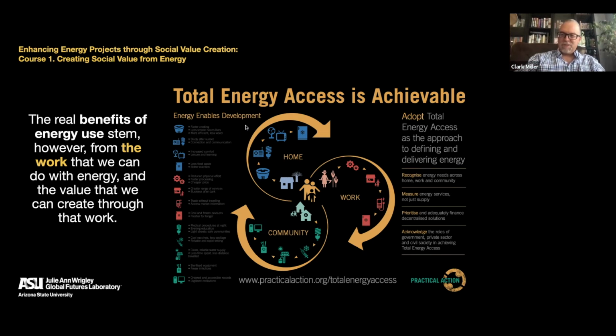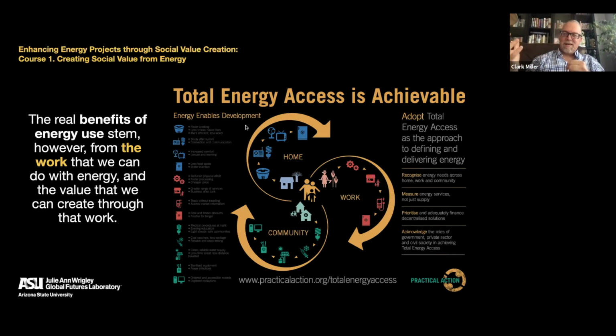So it starts with the community outcomes that we're trying to achieve. And then we can work back from those community outcomes to understand what's the work that we need to do. And then from the work that we need to do, we can think about what are the devices that are going to be needed to do that work. And so instead of starting from an electricity generating technology and asking, well, if we had that, what devices could we plug in?